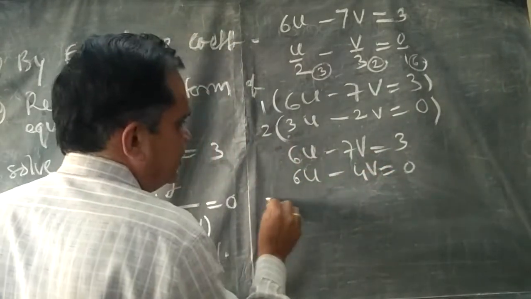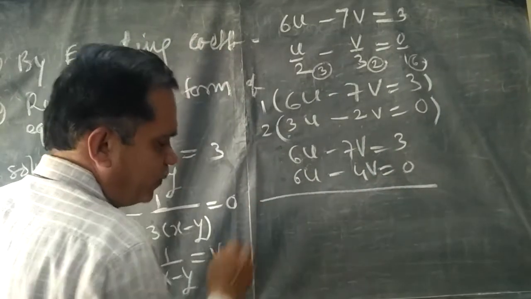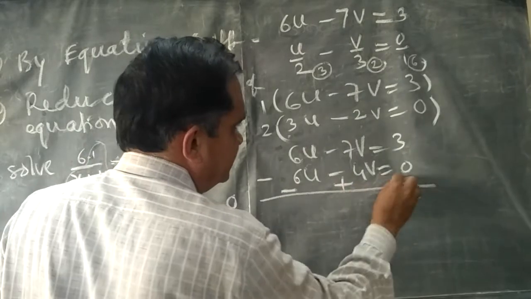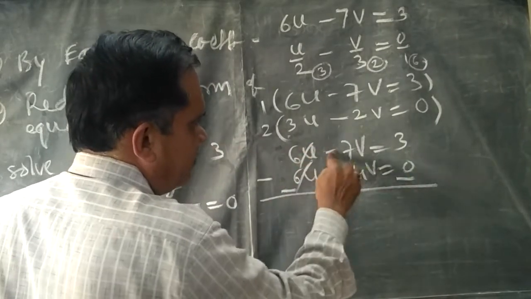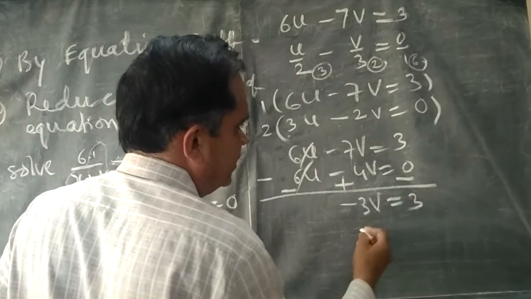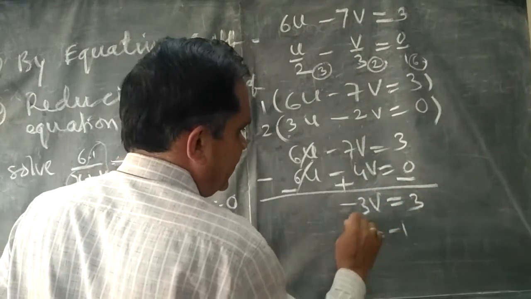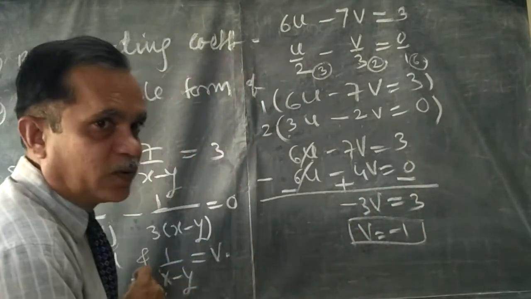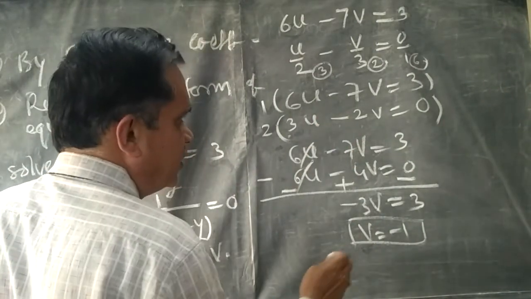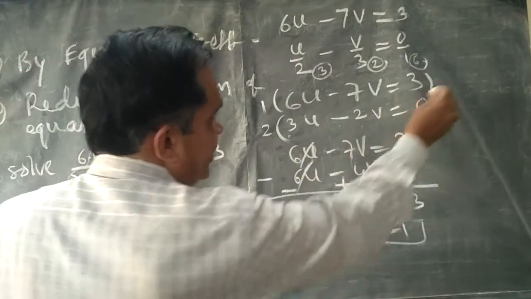Change the sign. I told you, both having the same sign, we subtract. Change sign, cancel. Minus 7 plus 4, minus 3v equal to 3. So v equal to minus 1. Got it? Okay. Now put the value of v in one of these two.